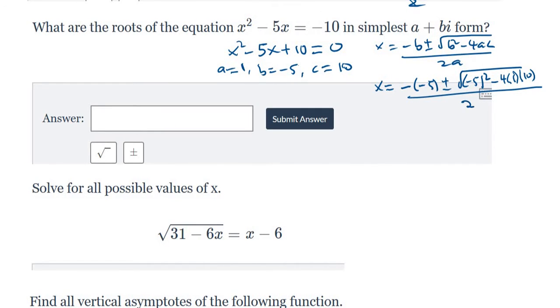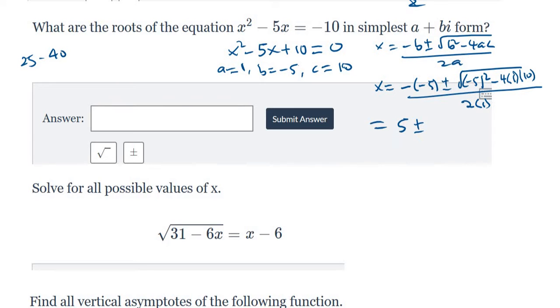Everything divided by 2 times 1. So which will be 5 plus minus. So I want to do the inside now. It will be 25. So let's do it over here. It will be 25 minus 40, because 4 times 1 times 10 is 40.